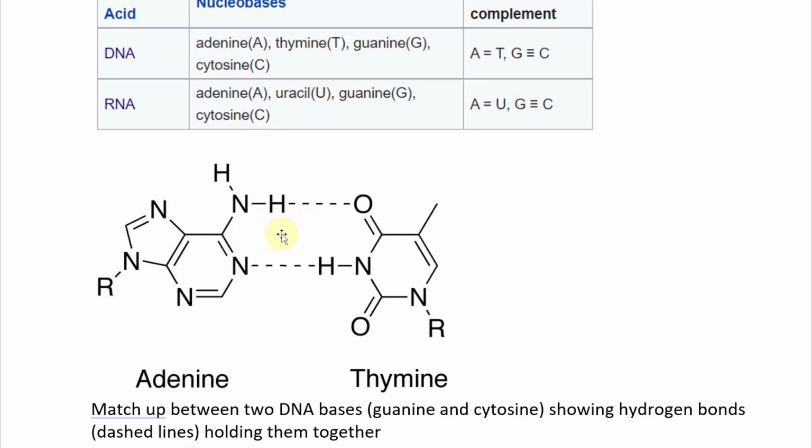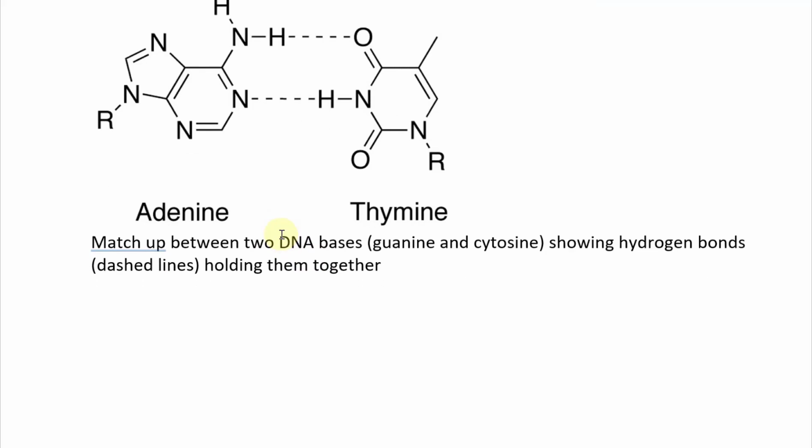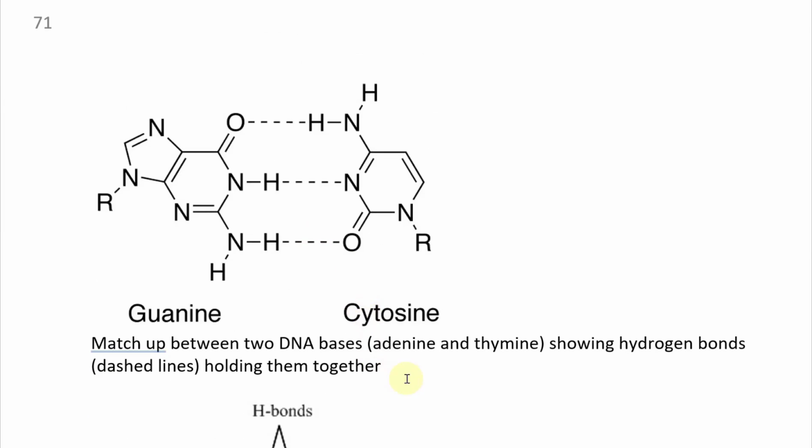Yeah, and let's have a better look at these hydrogen bonds. So here's adenine and thymine, so they match up between two DNA bases, guanine and cytosine, showing hydrogen bonds, dashed lines holding them together. Whoops, I think I copied and pasted the wrong heading there. This one's over here.